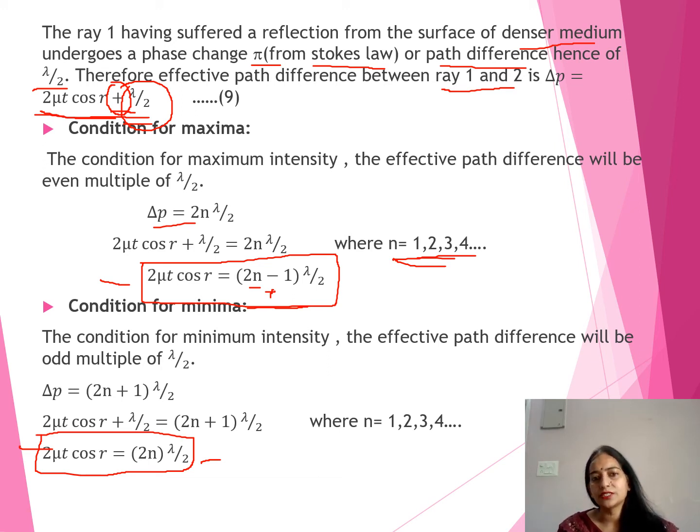If one condition is remembered, the other can be written simply. If you remember 2 mu t cos r is an odd multiple for maximum, then obviously 2 mu t cos r equals an even multiple for minimum in reflected light. So always remember one condition, then write all conditions for other cases.